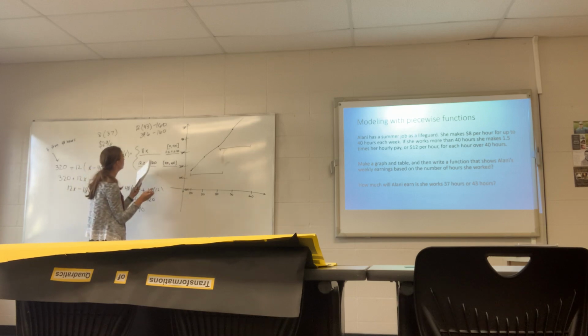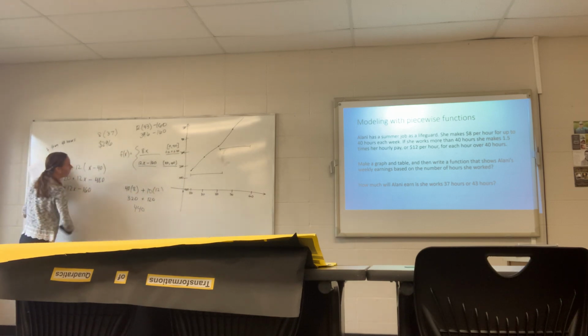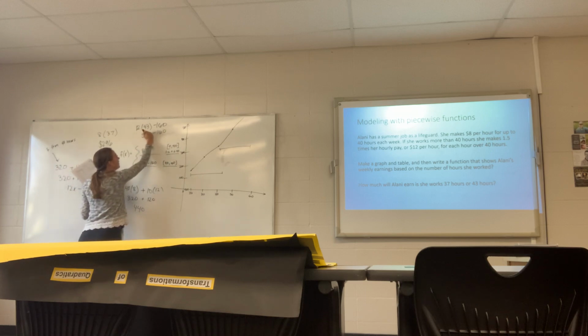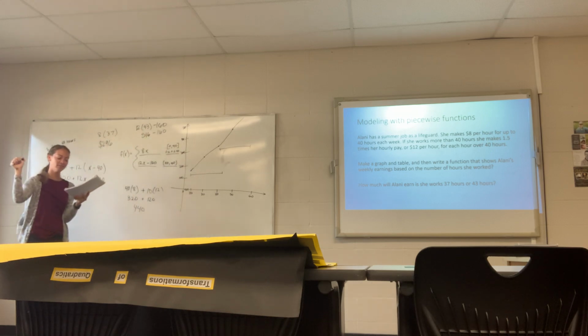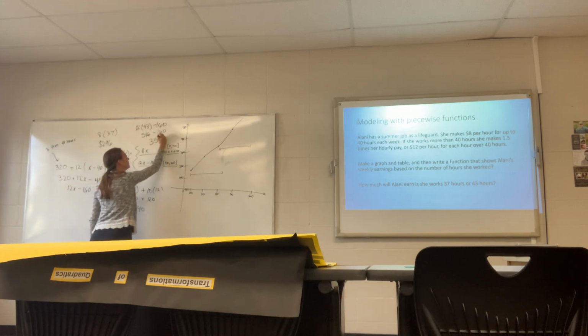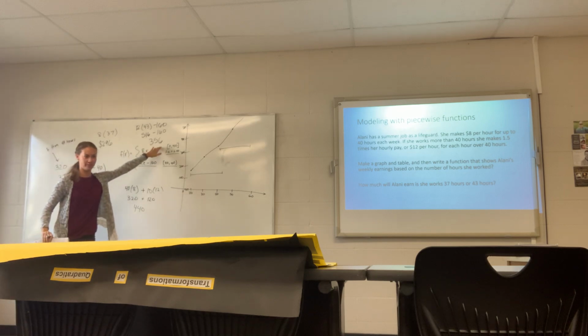I got 350. Is 12 times 43 really 560? Yeah. Ah, I was close. 516. So then what should we have? And then it's 356. Yeah, it's going to be 356. So when I work 43 hours, I make $356.